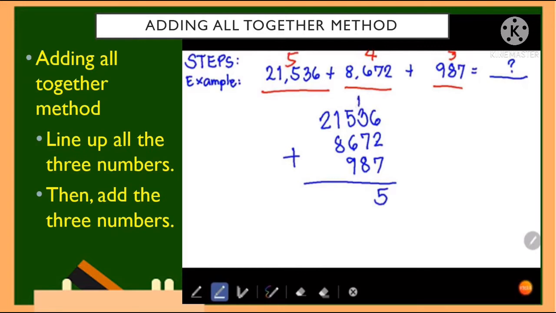Okay, next. What is 1 plus 3? 4, correct? 4 plus 7. 11, correct? 11 plus 8.